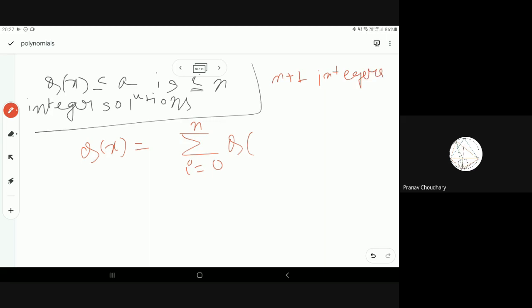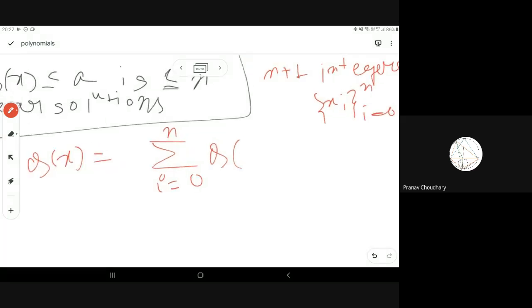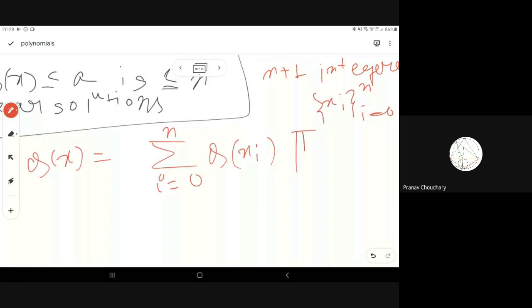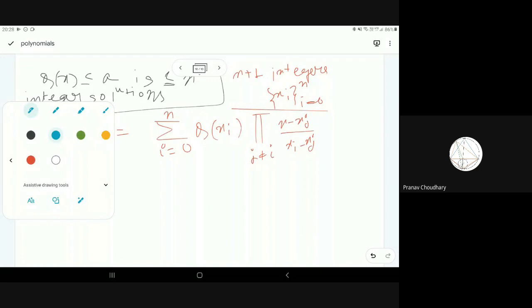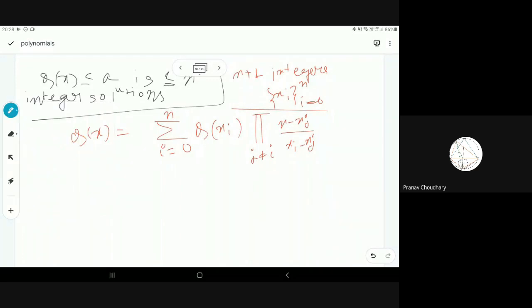If you Lagrange interpolate at any integers xi where i runs from 0 to n, you can write this. This is the Lagrange interpolation formula, nothing special, with terms (x minus xj) over (xi minus xj). So now, what is the leading coefficient of q(x) that you see from here?